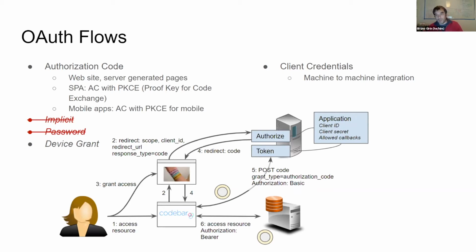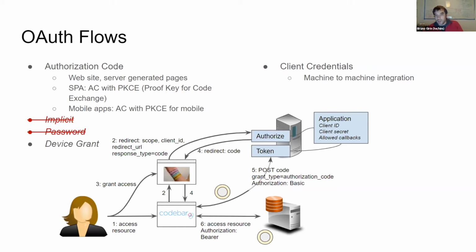Now, let's assume that this backend service, this resource, needs to access another service to complete what it's doing. At that point, we're in the realm of machine-to-machine integration. So we're going to use another flow, which is the client credentials flow, which is a simplified flow.